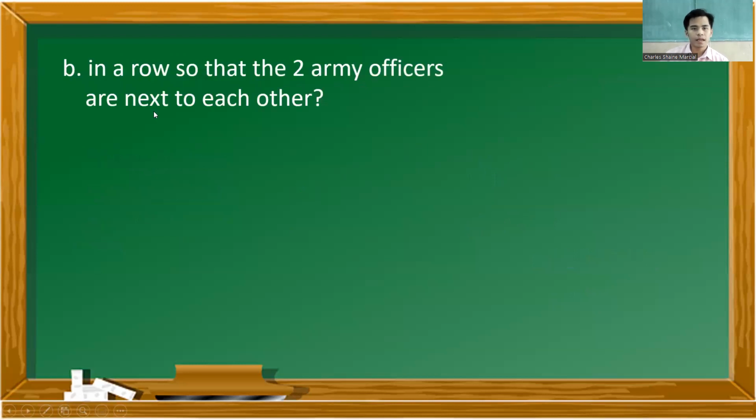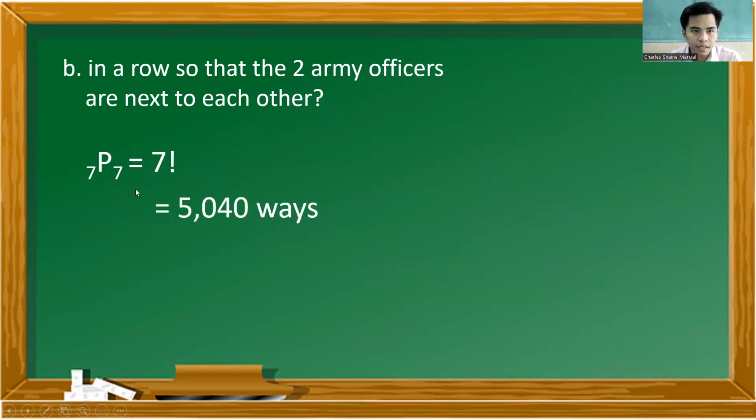Now, letter B, in a row so that the 2 army officers are next to each other. So ang gagamitin natin, since nabawas si 2 army officers, so we have only 7 officers. So that is 7P7 is equal to 7 factorial, and that is equal to 5,040 ways. So yung 2 army officers naman, we have 2 factorial, and that is equal to 2 ways.